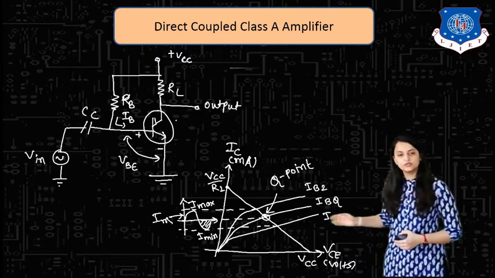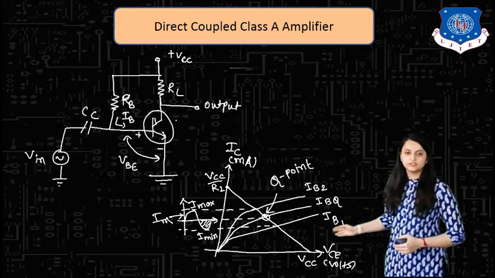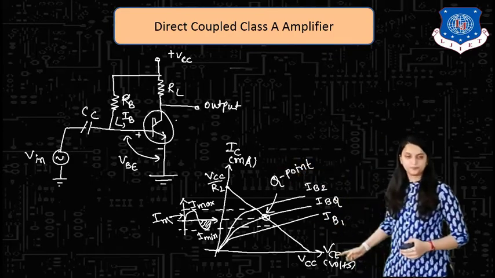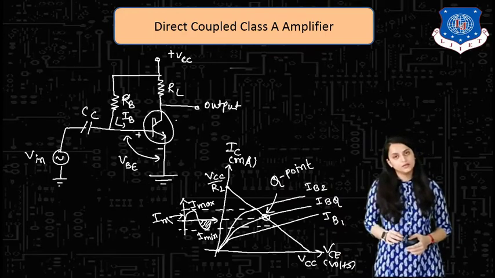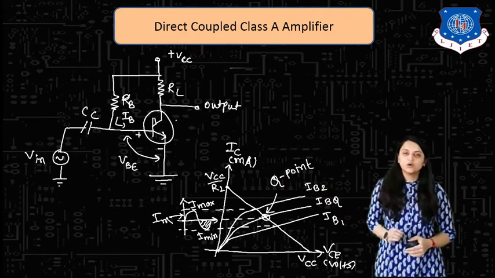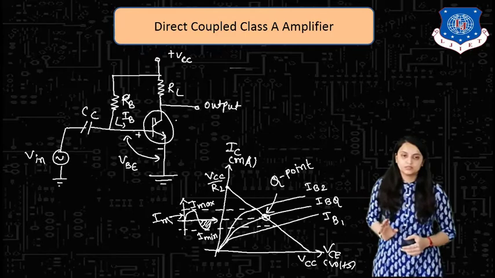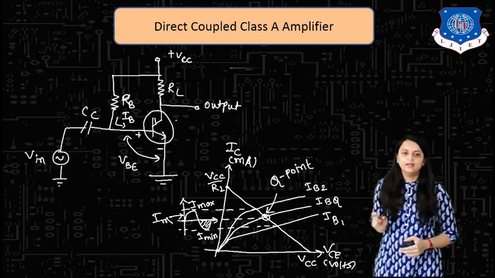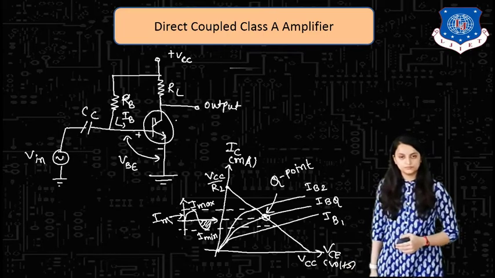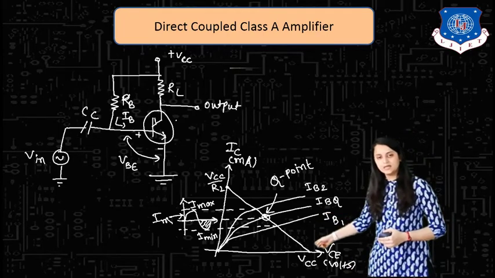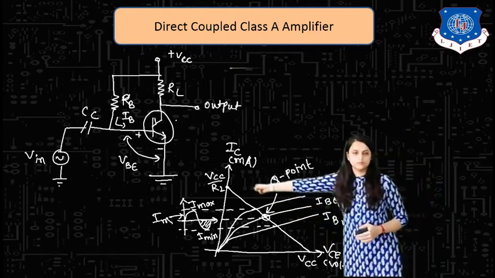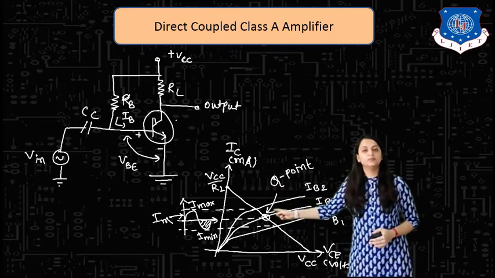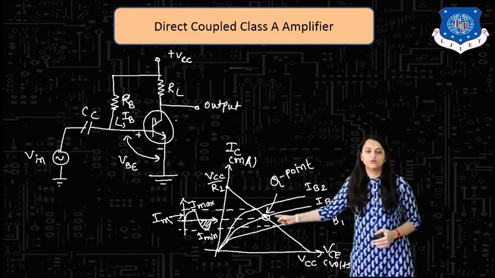Here, as you can see in this diagram of IC versus VCE, where IC is the collector current and VCE is the voltage across collector and emitter terminals, IC is in milliampere and VCE is in volts. This indicates the load line, and here the Q point is adjusted exactly at the middle or the center of the load line.